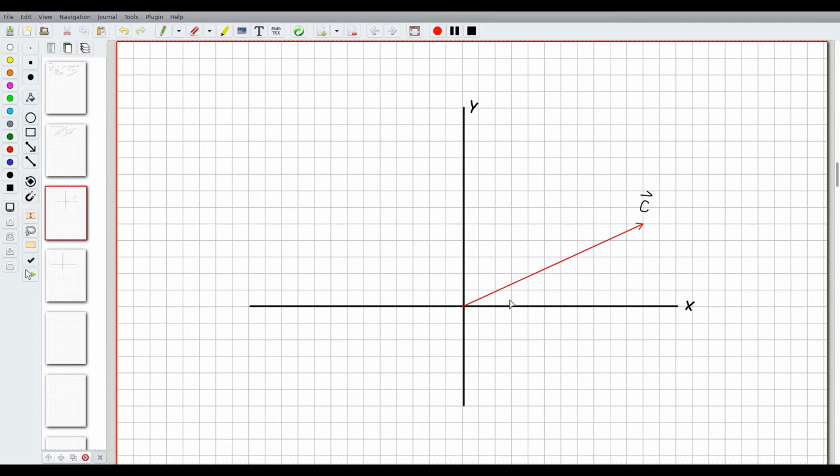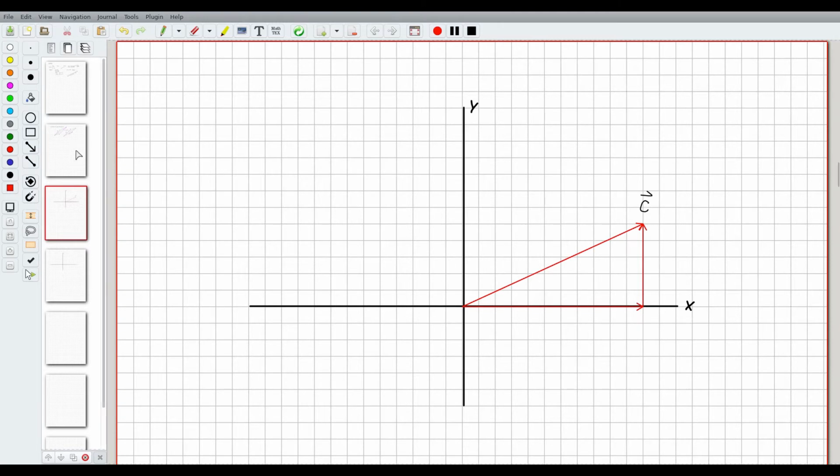Now, look. I walked from here and ended up there, if you want to think of it like that. One way I could get here, if I was only allowed to move along the X and the Y direction, would be to walk from here to here and then walk from here to here.